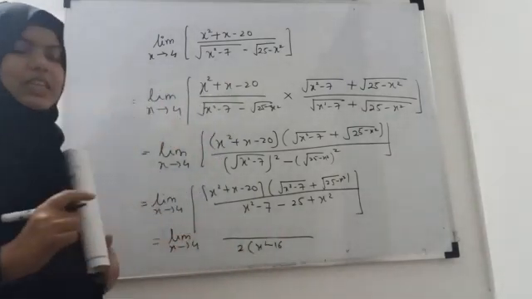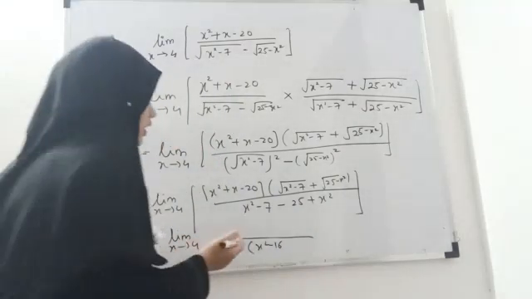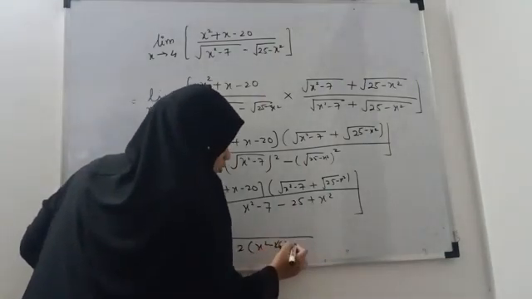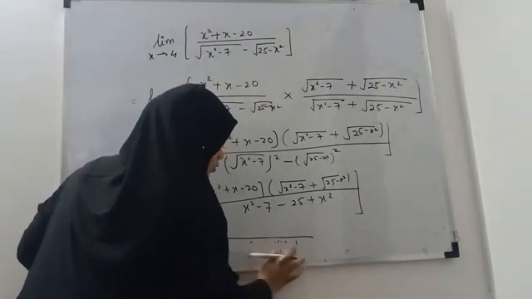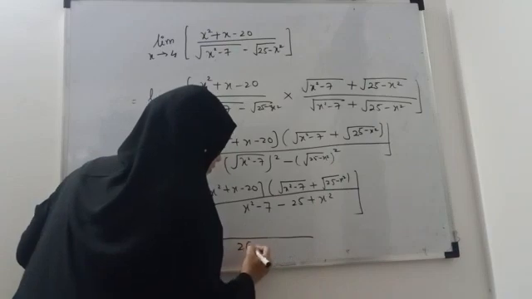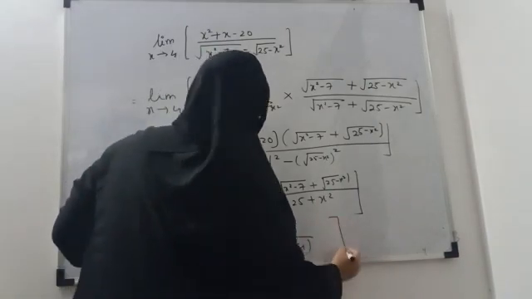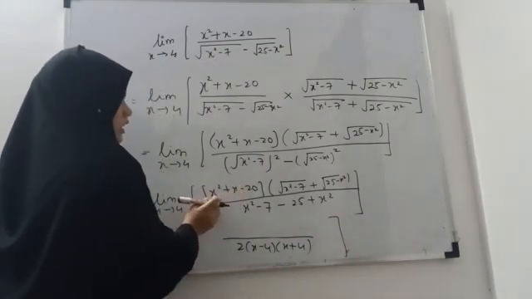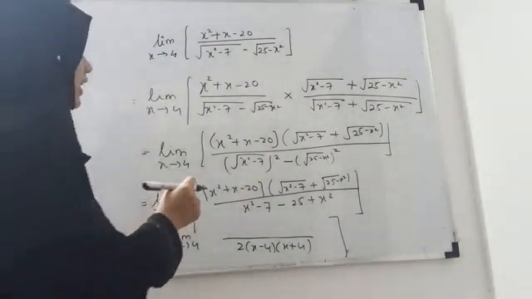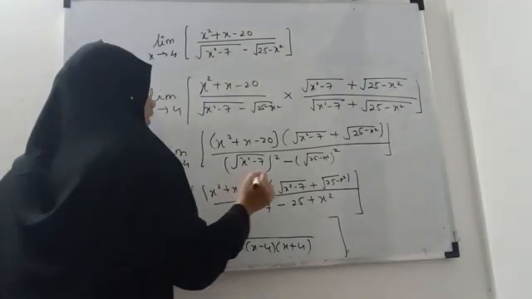So x square minus 16 can be written as x square minus 4 square, that is x minus 4, x plus 4. I am directly writing it down. I hope this is understood. Also here the quadratic expression is there, so we take its factorization.